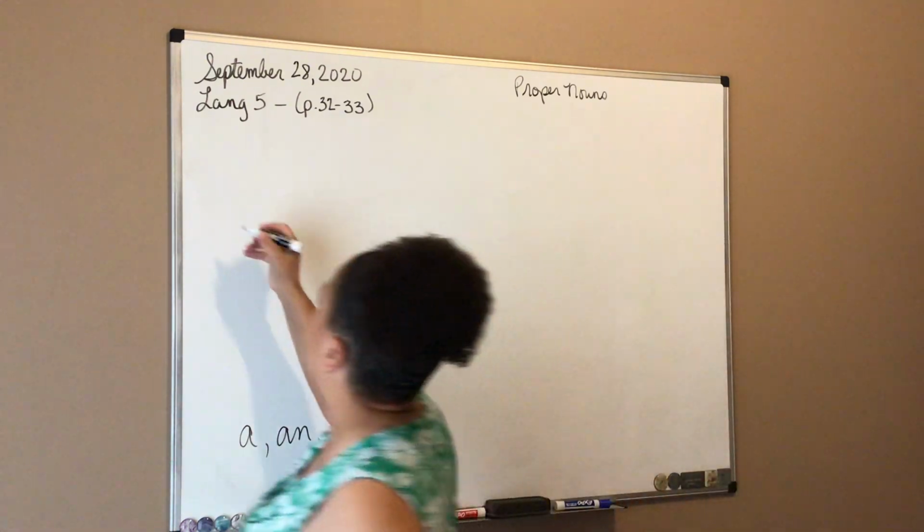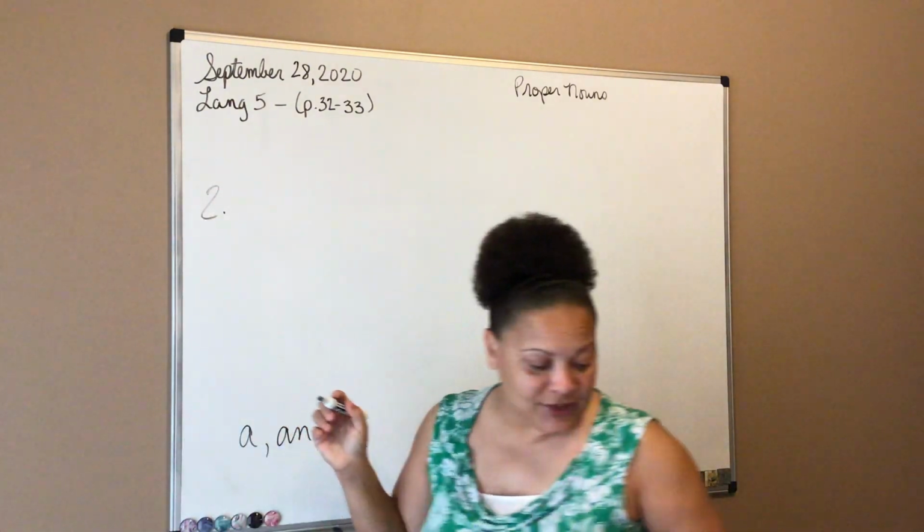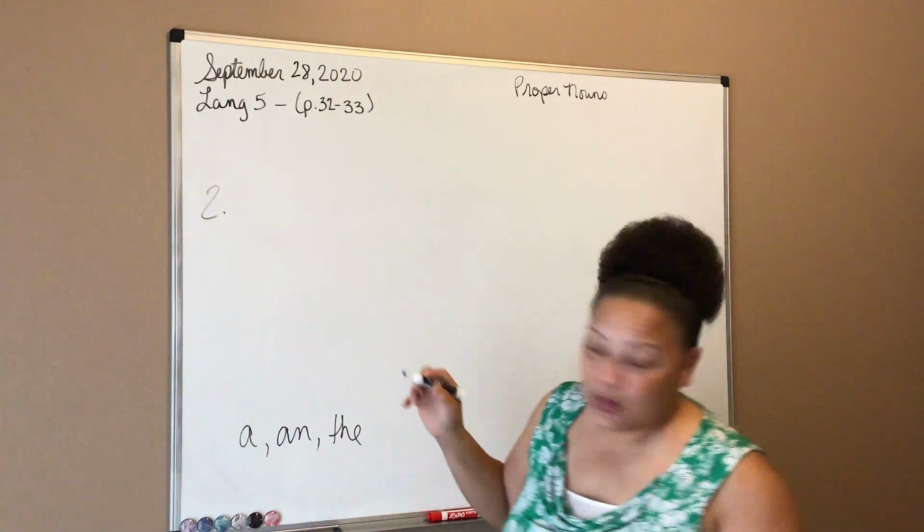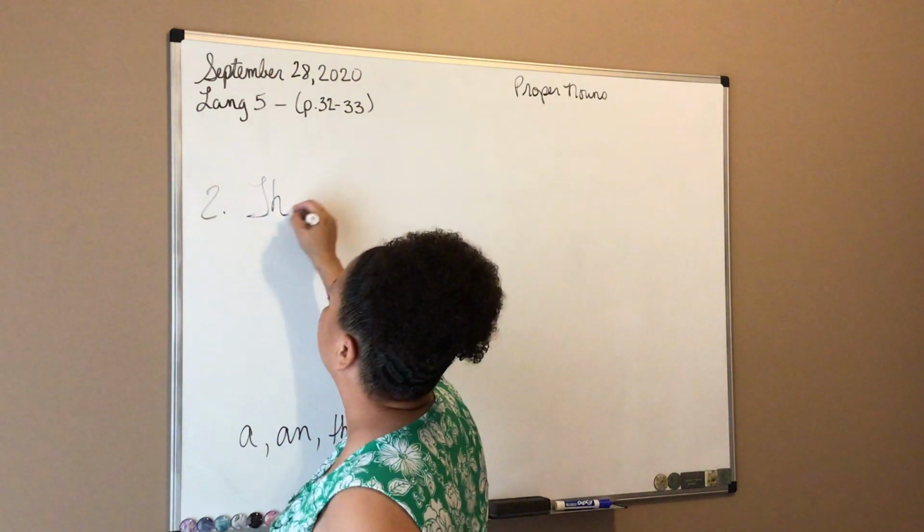So let's write number 2 on the board. Okay, so number 2 says the state of Louisiana. I'm just going to write it slowly.